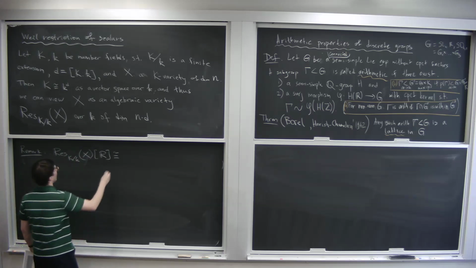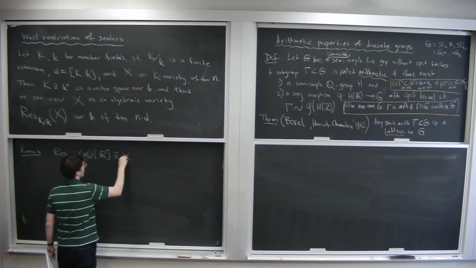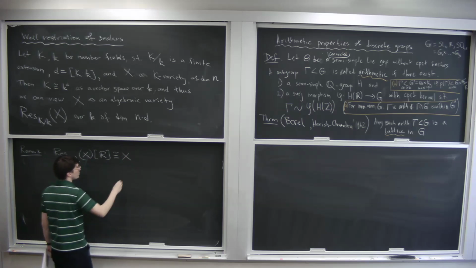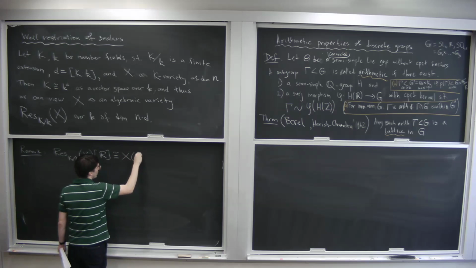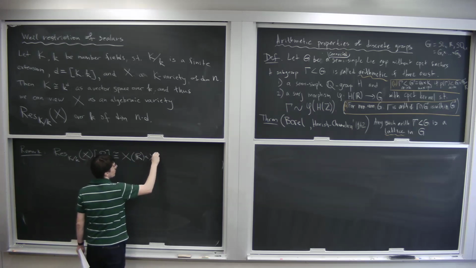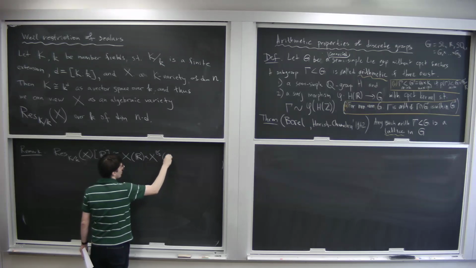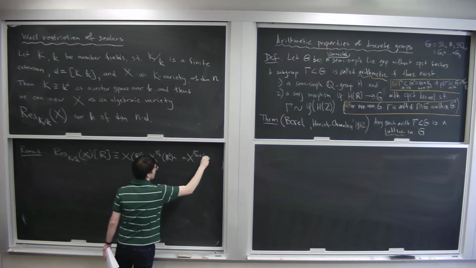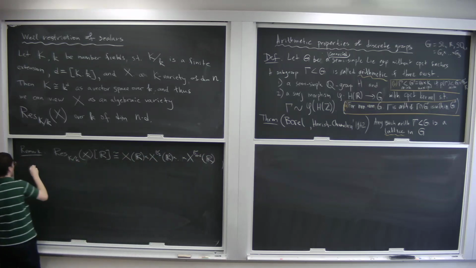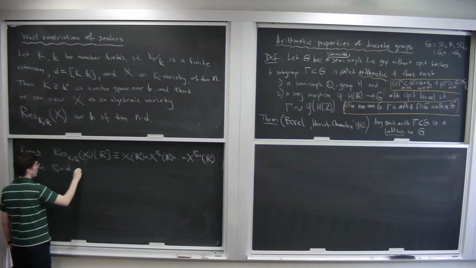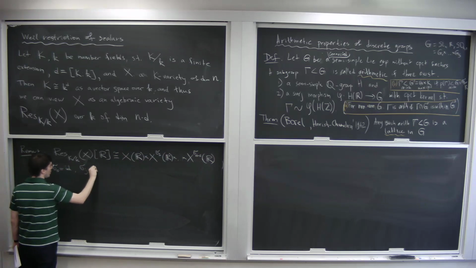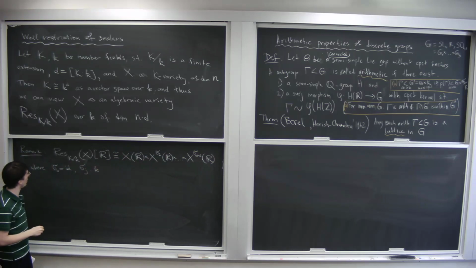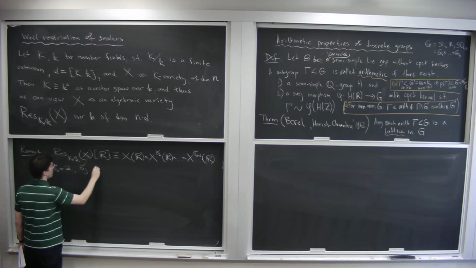It is going to be just X of R times X sigma 1 of R and so on times X sigma d minus 1 of R, where sigma 0 is just the identity embedding and sigma j are embeddings of the field.